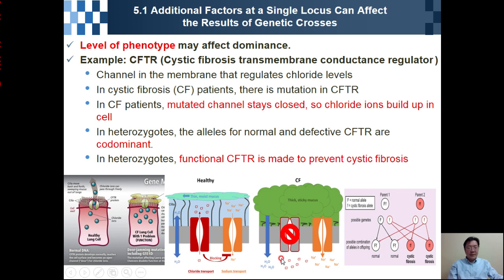Genetically they are codominant, but the level of phenotype affects the dominance. So in these cases, heterozygotes are normal. For example, small f, small f will have cystic fibrosis.